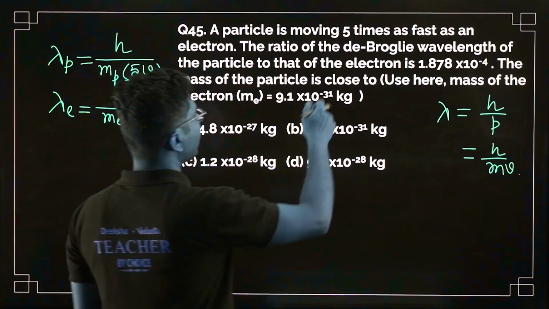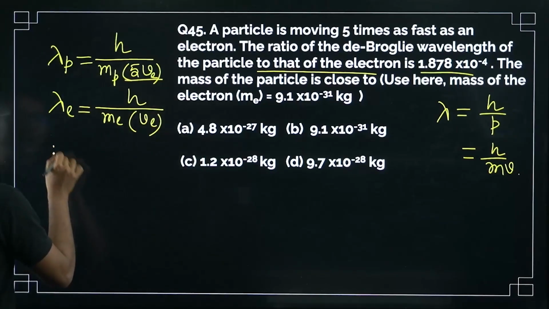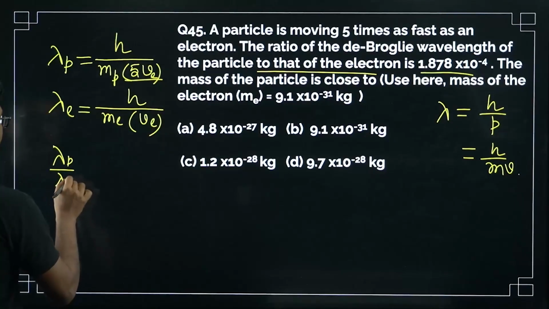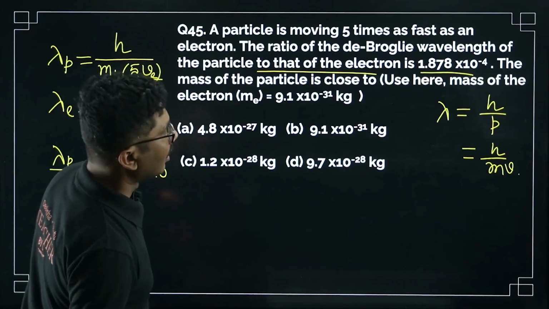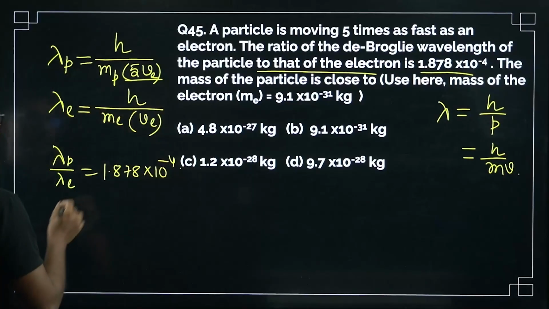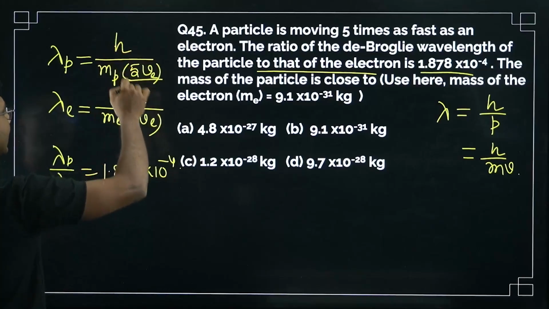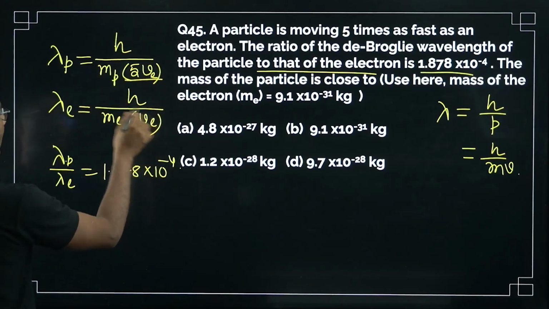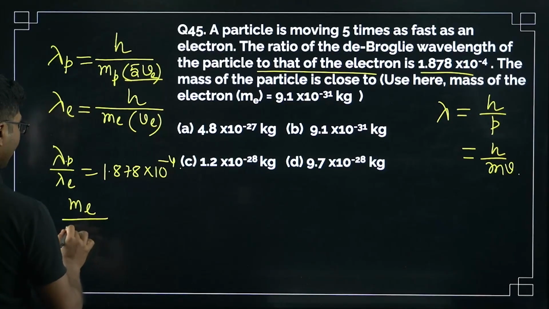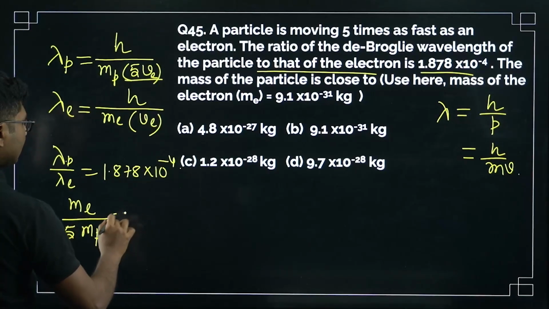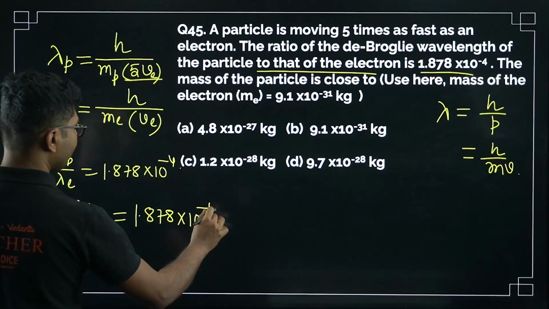Now the ratio of particle to the electron is 1.878 into 10 to the power of minus 4. If you divide this, obviously h will cancel, and in case of particle this will go up, so we get mass of electron divided by 5 into mass of the particle equals 1.878 into 10 to the power of minus 4.